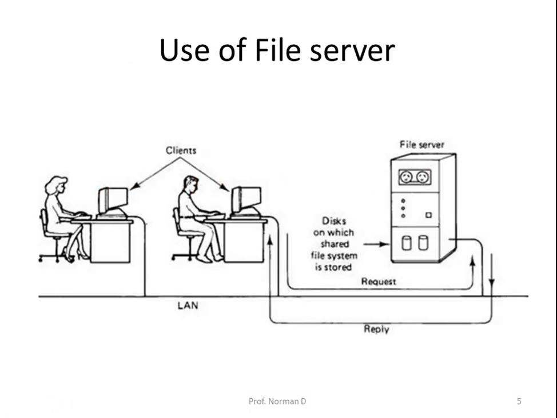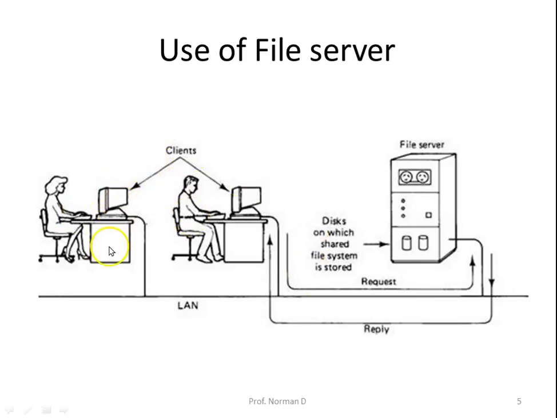We'll discuss something about a file server now. To provide a shared global file system accessible from all the workstations, the file system is supported by one or more machines called file servers. The file server accepts requests from user programs running on the other machines, which are the non-server machines.